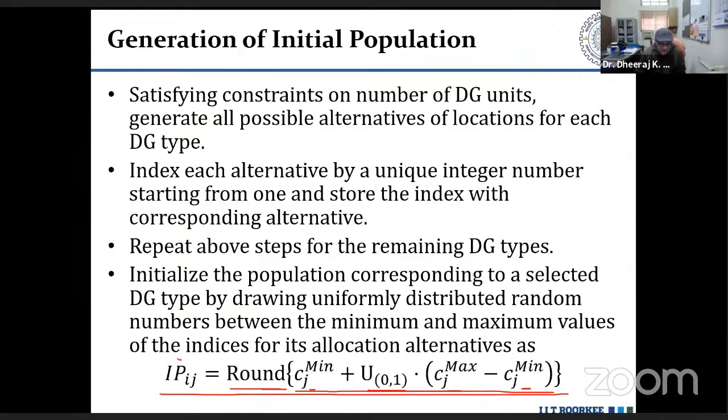So now this is a particular part of the initial population, the jth element of the initial population. By this expression it is ensured that it is always between the minimum and maximum value. Likewise we did for other types of DGs.